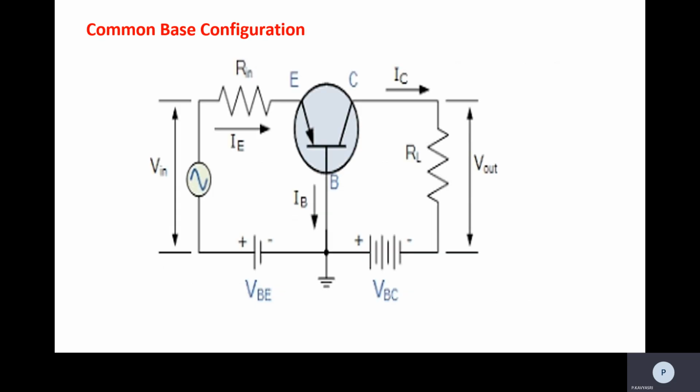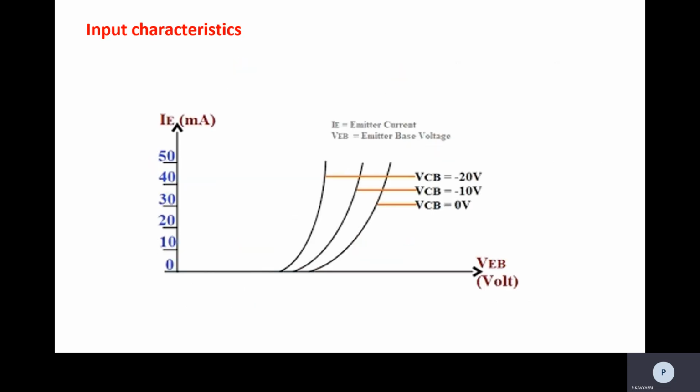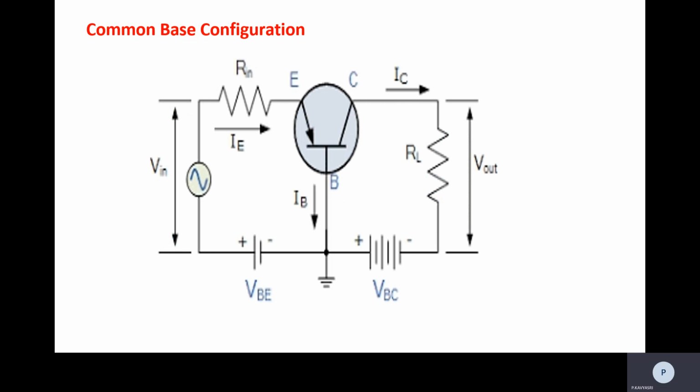Now we will see the input characteristics of a common base configuration. We take input current IE on one axis and input voltage VEB on the other. So input characteristics are drawn between the input voltage and input current. If you observe the diagram, input voltage is VEB, input current is IE.